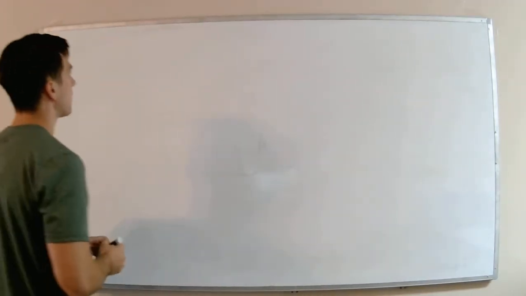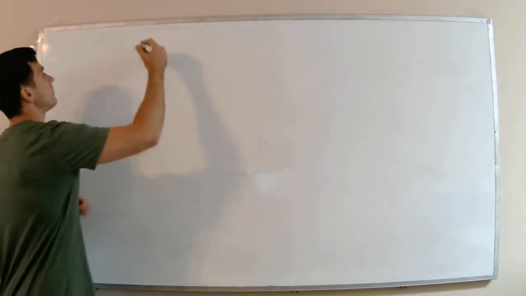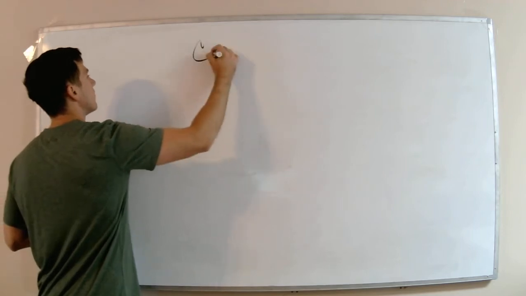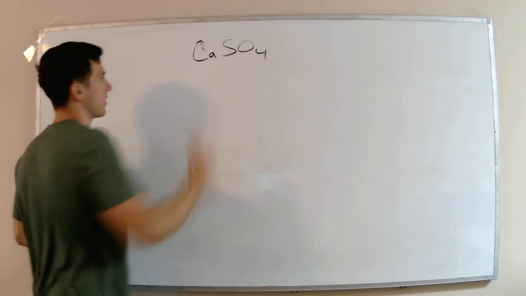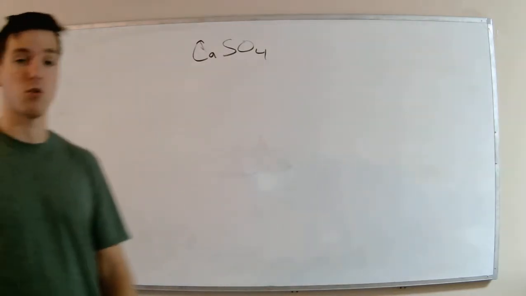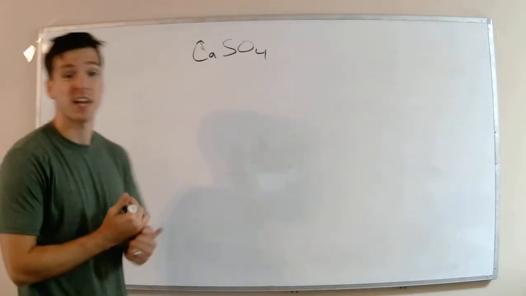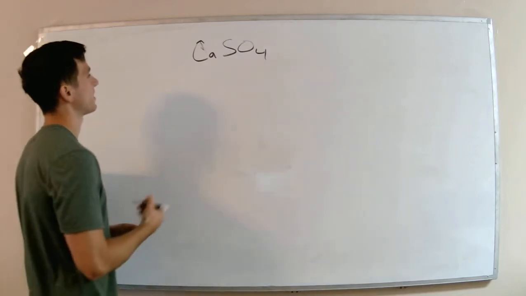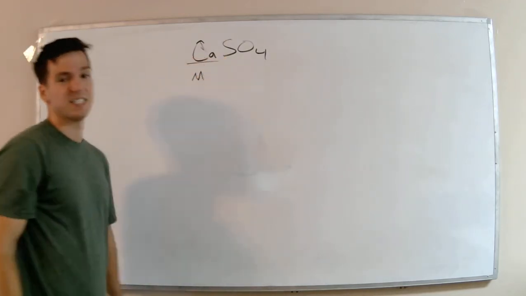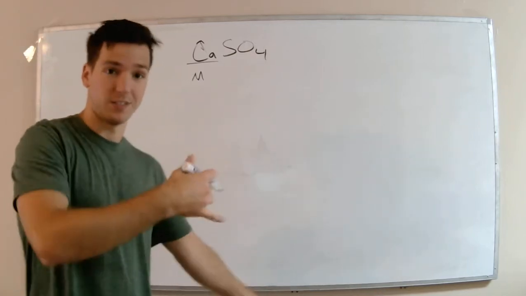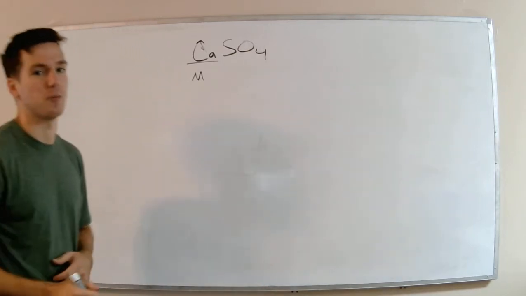Let's go with this guy, CaSO4. I look at this as definitely not an acid. Let's look at what types of atoms these are. This is a metal. If I know calcium's a metal because it's on the left side of the stair step, I already know I'm dealing with ionic.